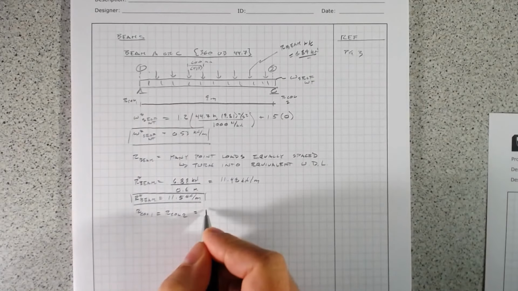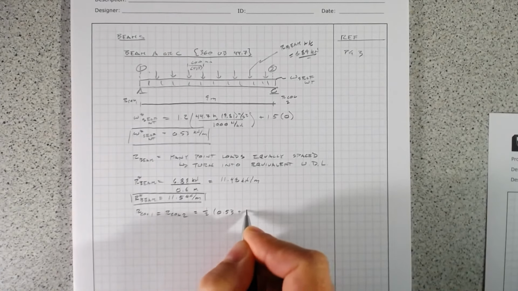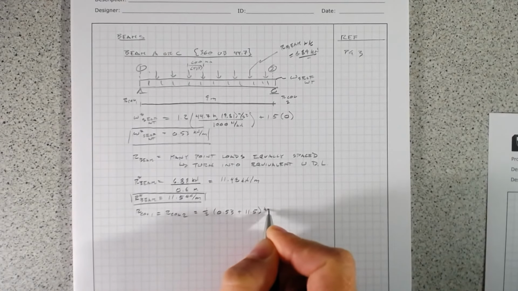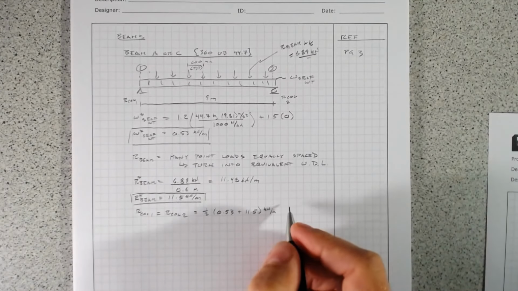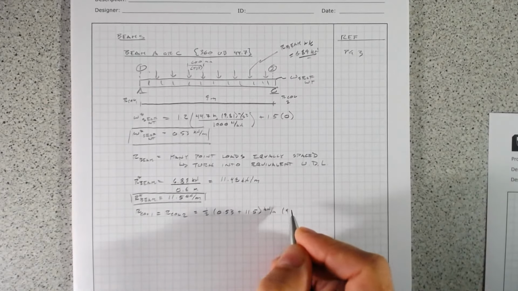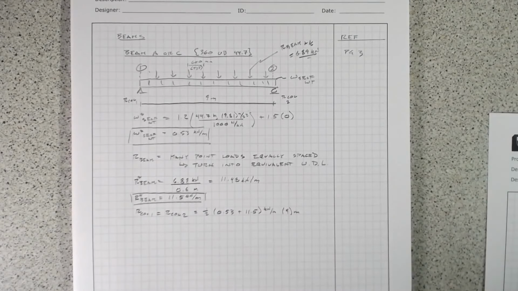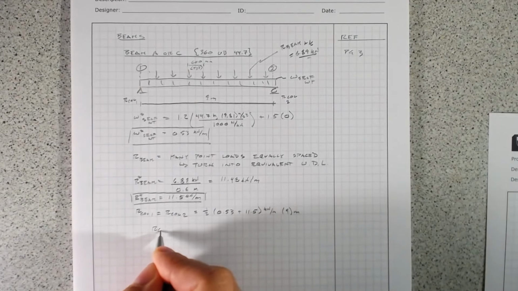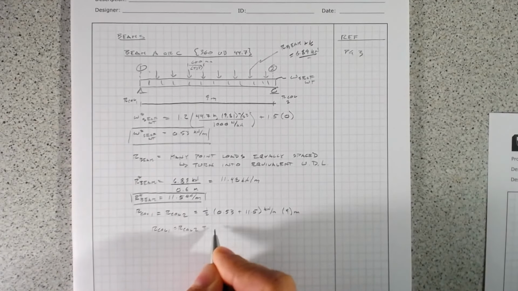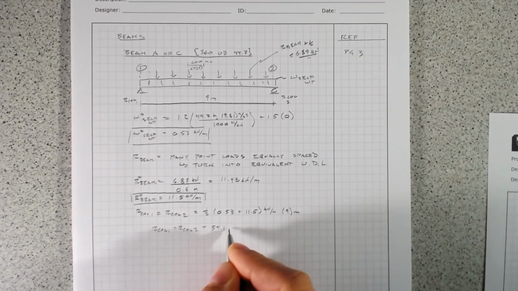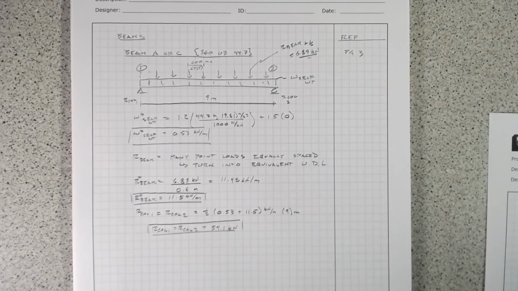That just equals half of the total load, 0.53 plus 11.5, times 9 meters. R column 1 equals R column 2 equals 54.1 kilonewtons.